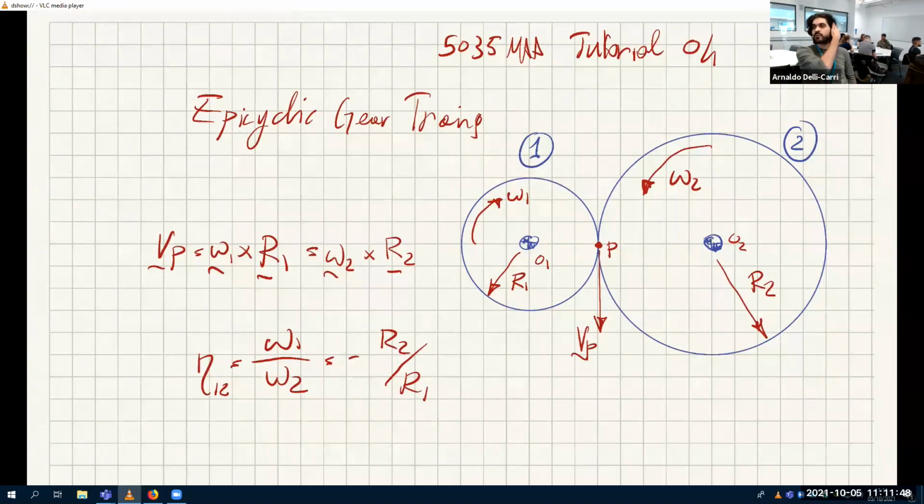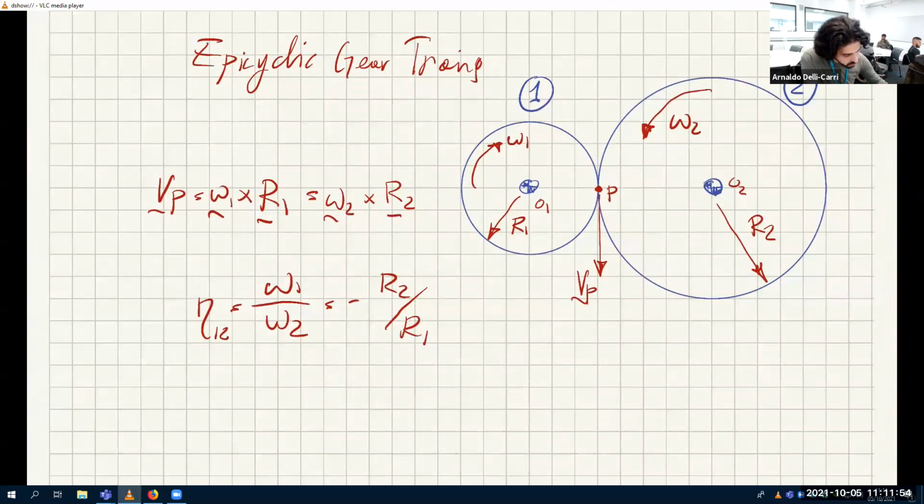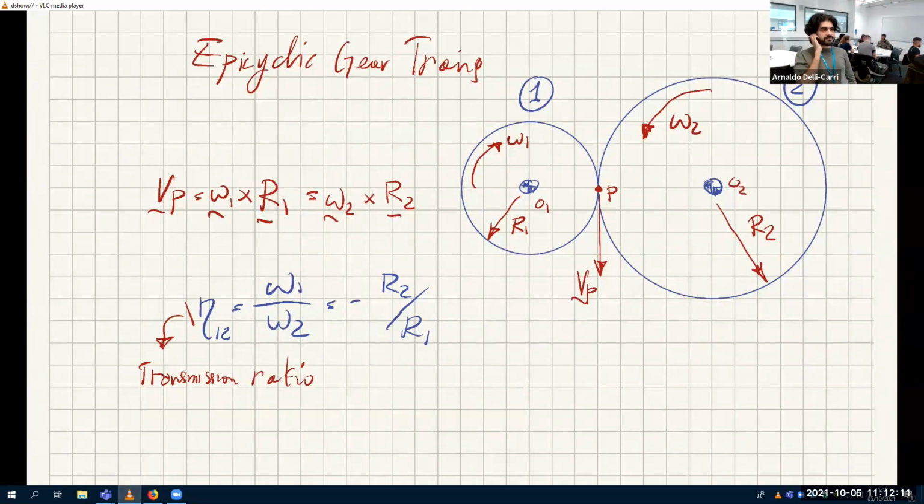This is exactly the same equation rearranged, and then I introduced something that I call transmission ratio. This one is what we call transmission ratio. Okay? So this is a negative number because the gears are meshing externally.